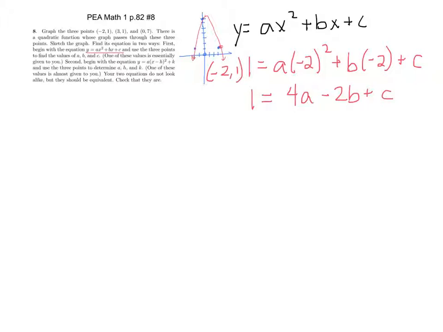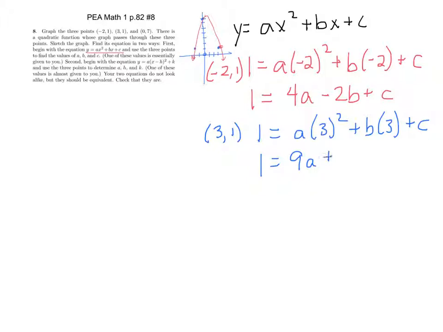Second point is (3, 1). So I get 1 = a(3)^2 + b(3) + c. Simplify that and I get 1 = 9a + 3b + c.